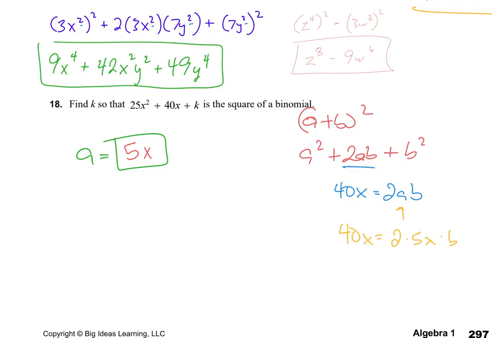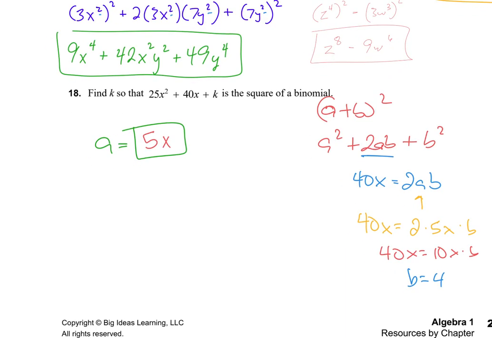Okay, so this is 40x equals 10x times b. Divide both sides by 10x and you get b is 4. So b is 4, so that just means we're going to get 5x plus 4 squared.